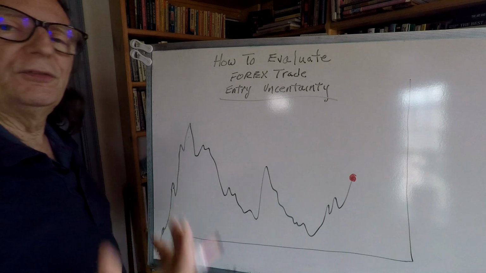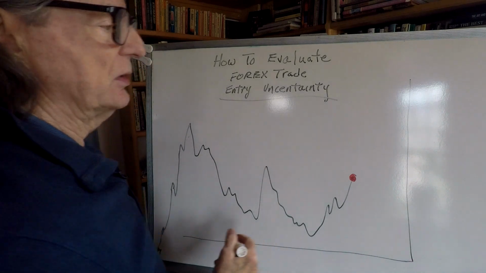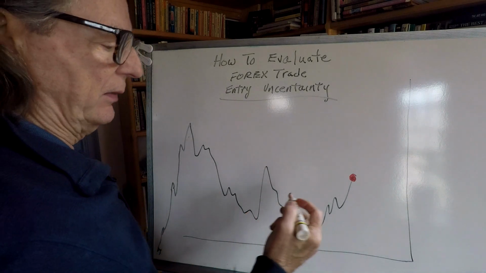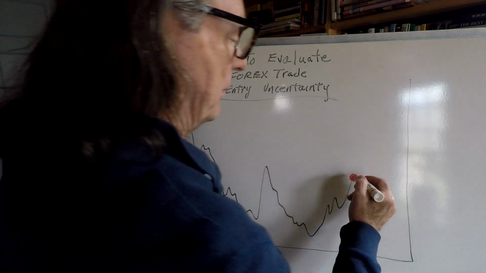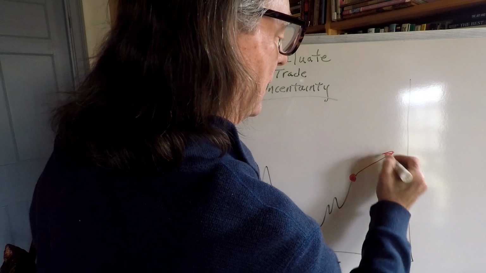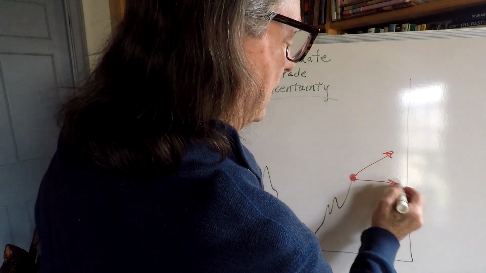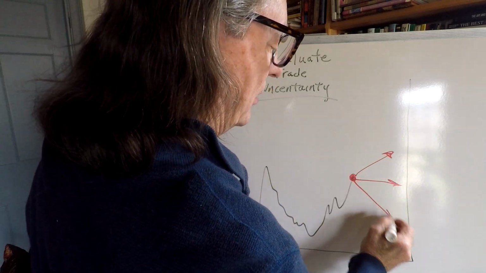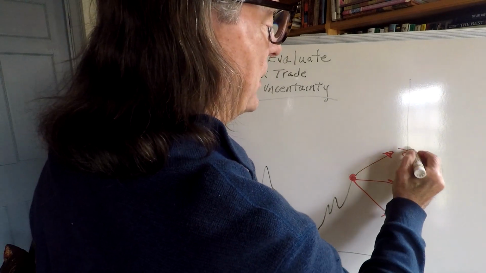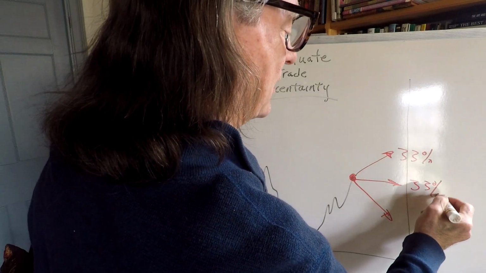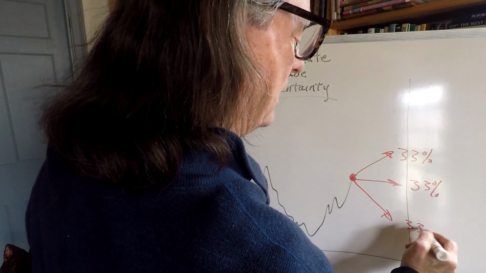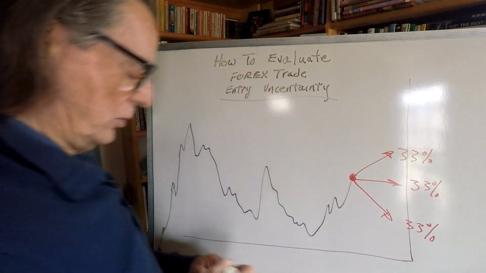If you've seen any of my videos, you've seen me do this before, and I do it in other lectures and mentoring. It could go up, it could go sideways, or it could go down. You get a 33% chance it could do that, a 33% chance it could flatline, and a 33% chance it could do that.